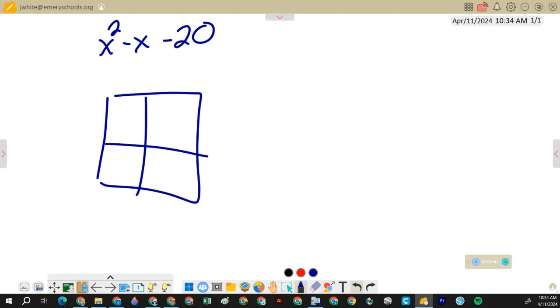Let's do x squared minus 6. No, let's not do that. Let's say x squared minus x minus 20. So I stick in x squared and negative 20. Multiply those together. Negative 20x squared.